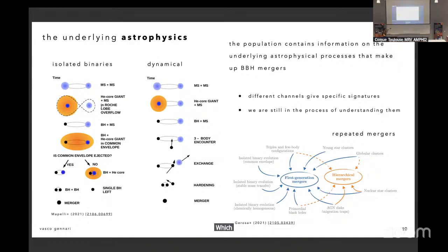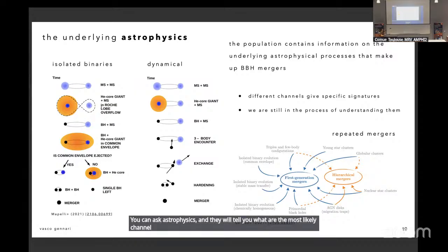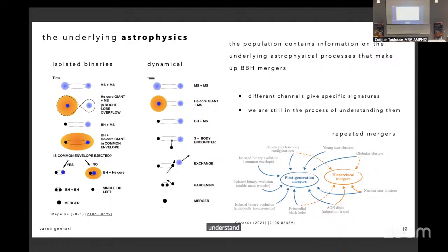So you can ask astrophysics, and it will tell you the most likely channels for the formation of these mergers. And you will try to see in the data whether you are able to find any specific signatures for these channels. Now, without going too much into the details, I put here the most representative channels.